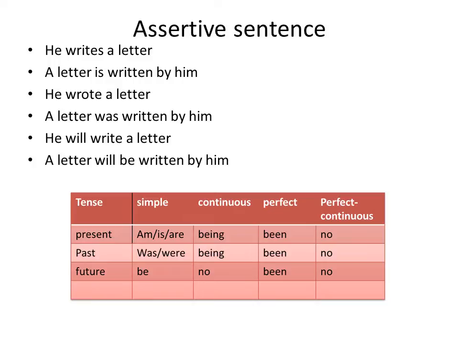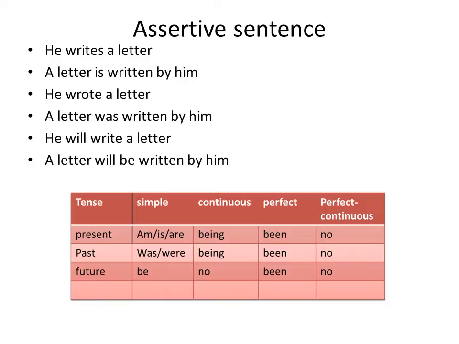So let's see the second sentence. It is in a different verb form, or the tense of this sentence is changed. He wrote a letter. In this sentence, as we know, a letter is the object, it becomes the subject. As in the chart, it is simple past tense, wrote. We can use was or were in simple past tense.